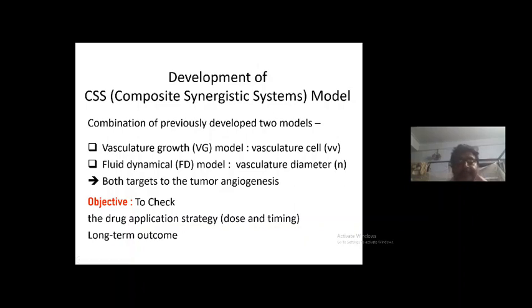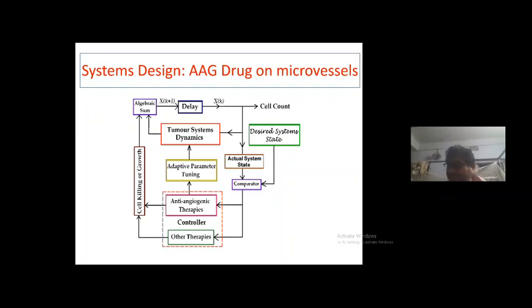The objective of this work is to check the drug application strategy, the timing of drug application, the dose, and the long-term therapeutic benefit. This is basically a system designed for anti-angiogenic drugs.